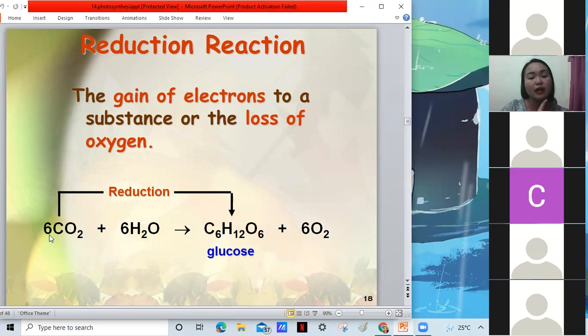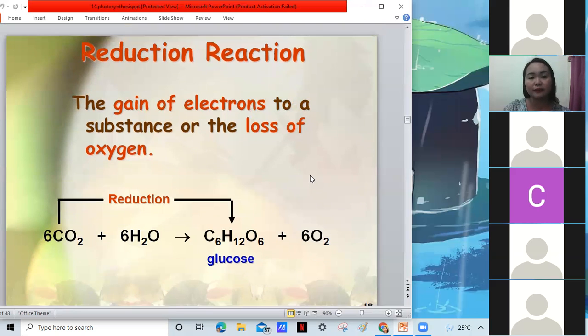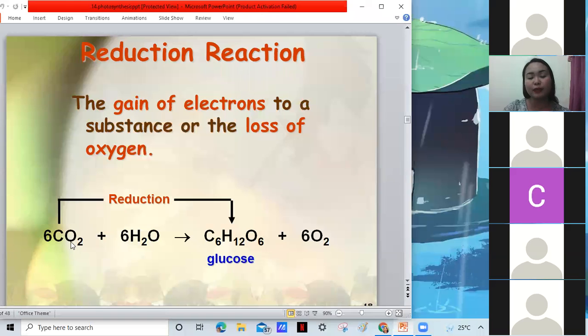So yung ito, nag-reduce siya, ang carbon dioxide is reduced to glucose kasi nag-gain siya ng electrons but it lost oxygen. Okay. So medyo confusing siya because of the reduction, but just remember na ang word na reduction is gain siya ng electrons but mawawala ang oxygen. But sa oxidation, mawawala ang electrons but mag-gain ang oxygen. From water, mag-gain siya ng oxygen. But here, from carbon dioxide, mag-gain siya ng glucose.